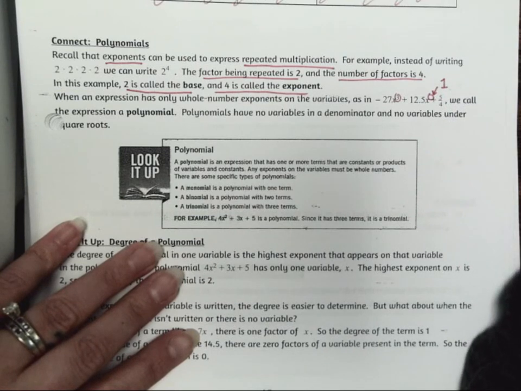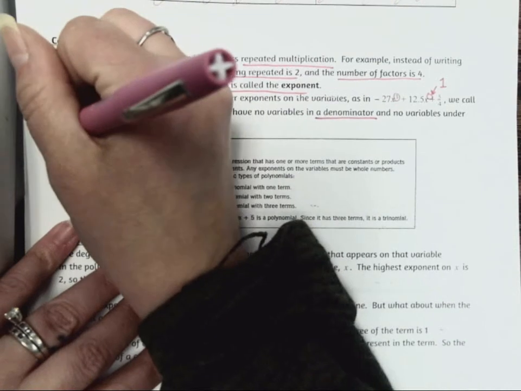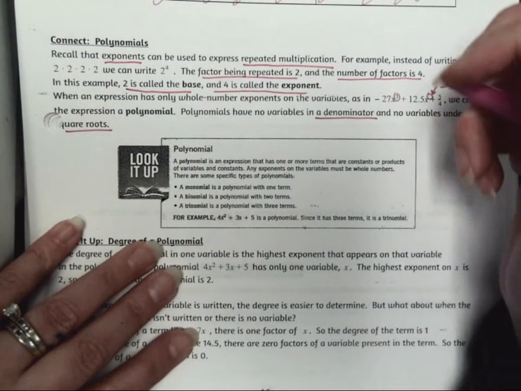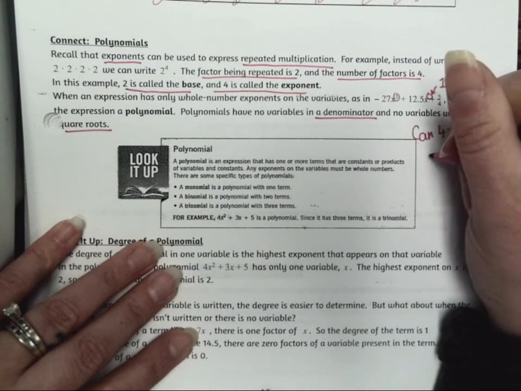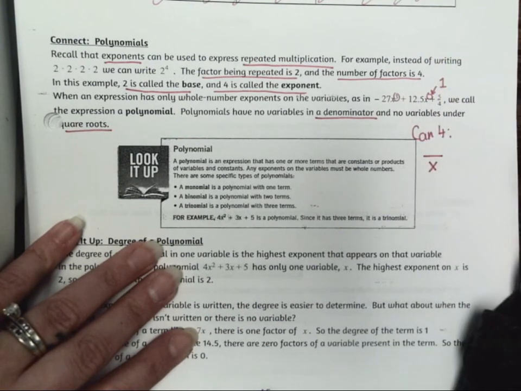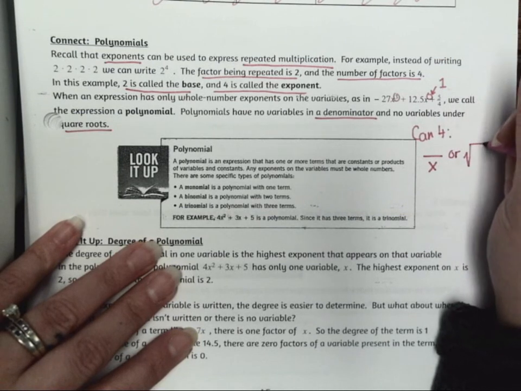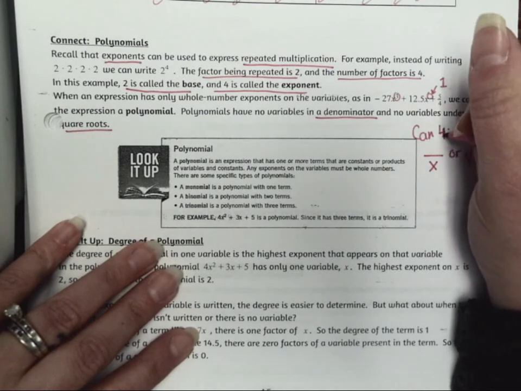Polynomials have no variables in the denominator and no variables under square roots. So you cannot have a letter or a variable in the bottom, so we can't do the following. We can't have a variable on the bottom of a fraction or inside the square root. We can't do either of those.